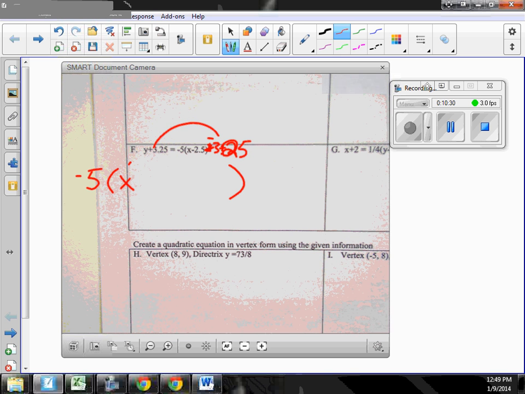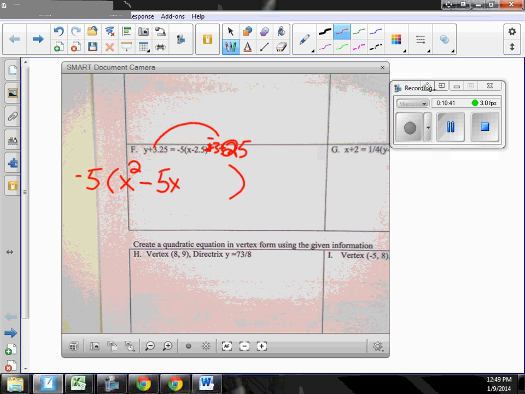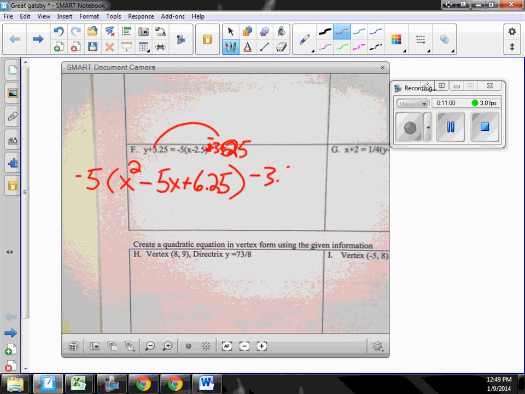X squared minus, so it's 2.5 times 2, which is 5. So minus 5x, and what is 2.5 squared? 6.25? 25 squared is 625, right? So this is plus 6.25, and then I have subtract 3.25 on the end.